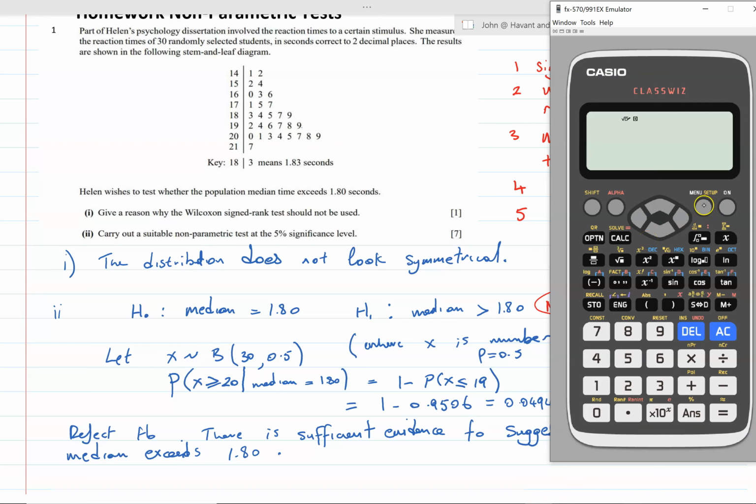So to get that 19 number, menu 7, we need binomial CD, and we want variable.